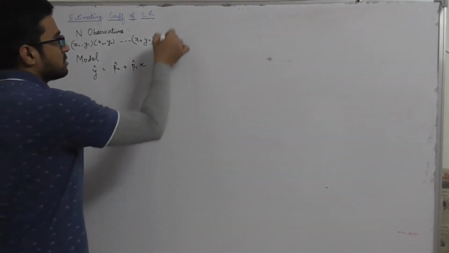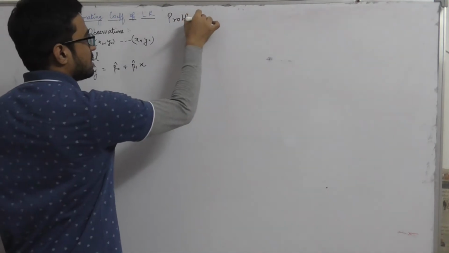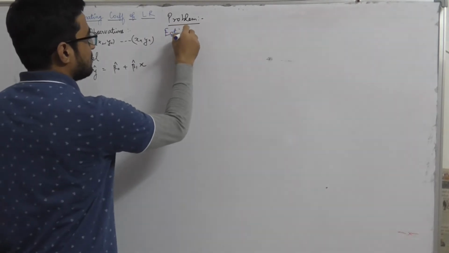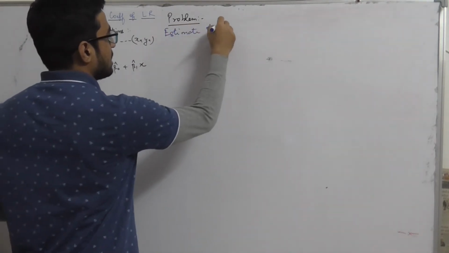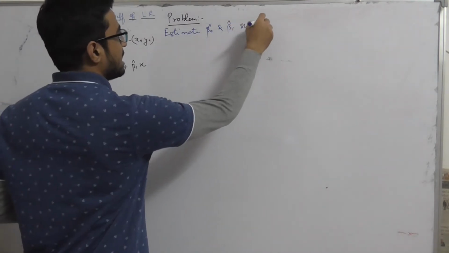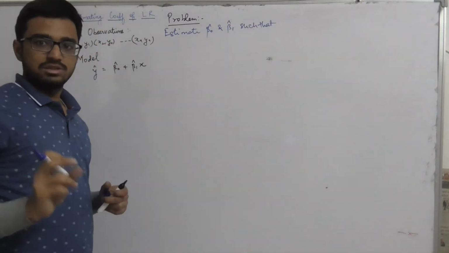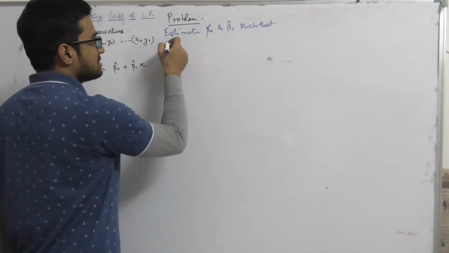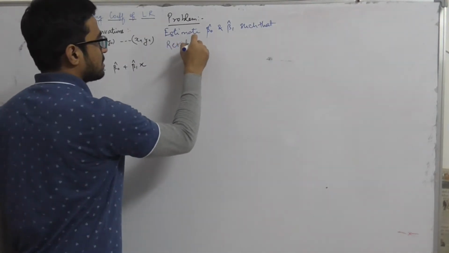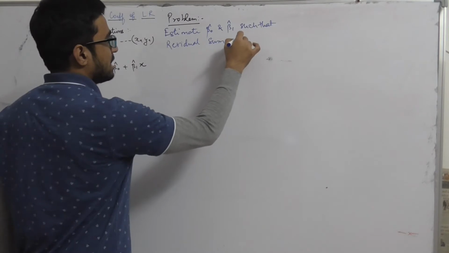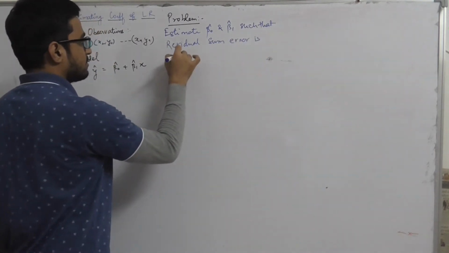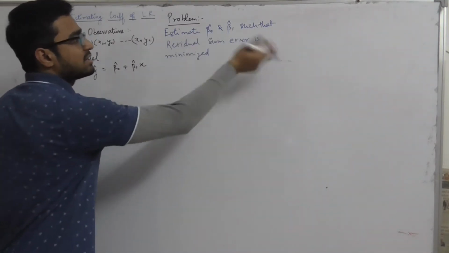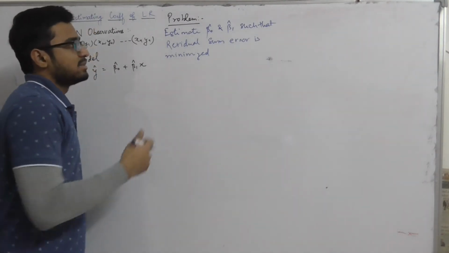The problem is we have to estimate beta naught cap and beta 1 cap such that, now this "such that" is our restriction and will help us to estimate beta naught and beta 1 cap, and this restriction is such that the residual sum error is minimized, or the sum of residual error, residual sum error, all are the same thing which is minimized.